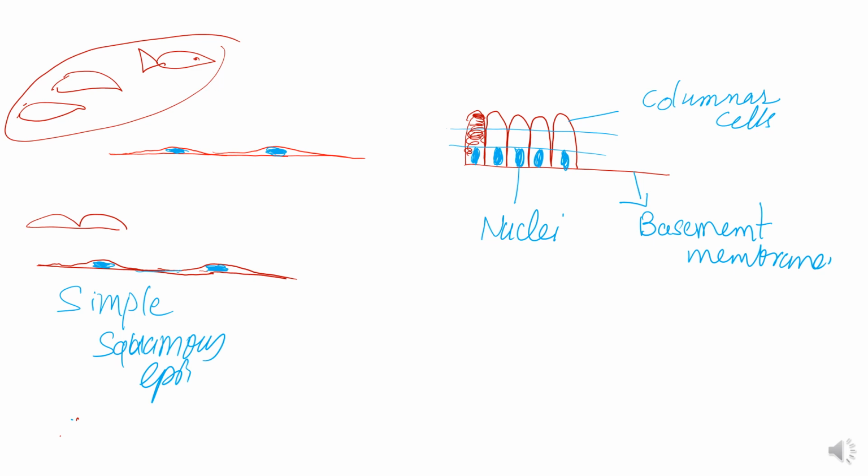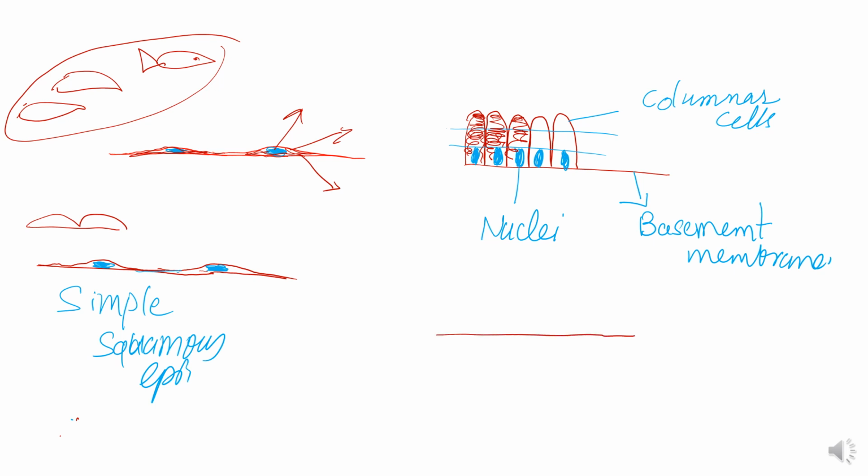Students usually forget to fill in the cytoplasm. So you have to fill in the cytoplasm in these cells. In these squamous cells also, please fill in the cytoplasm. This is the basement membrane and these are the squamous cells, flattened spindle shaped cells with flattened nuclei.